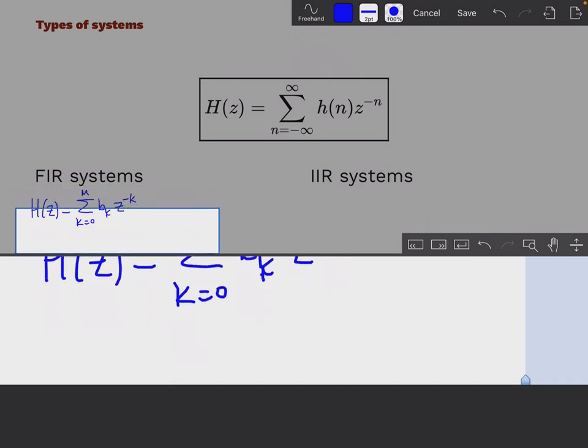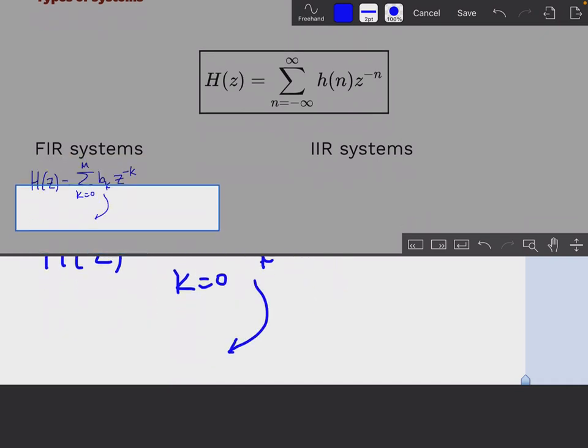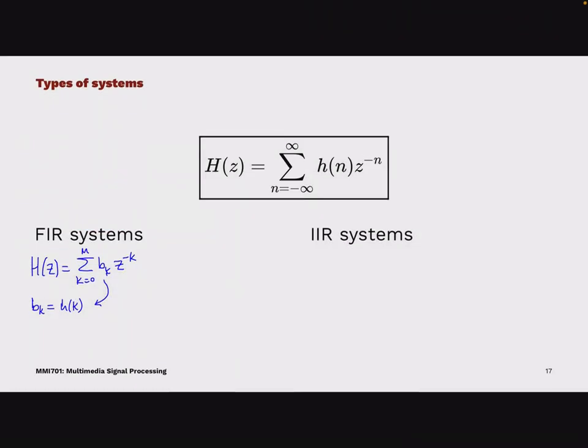Now, by the way, b sub k is the value of the impulse response at the kth sample. So b sub k is equal to this. Okay, that's nice.